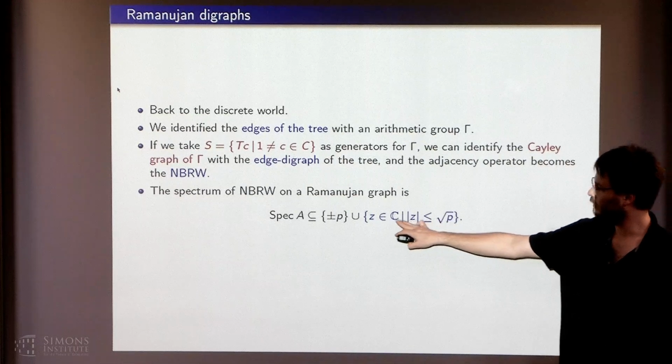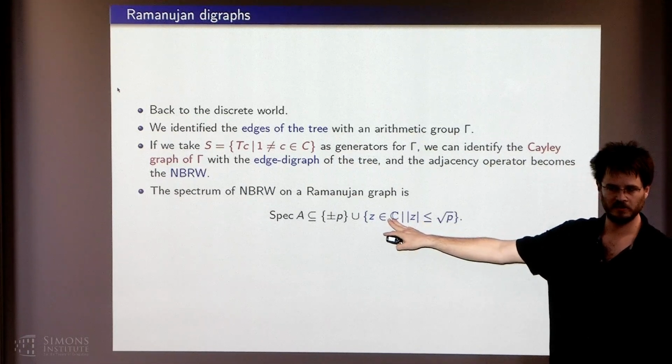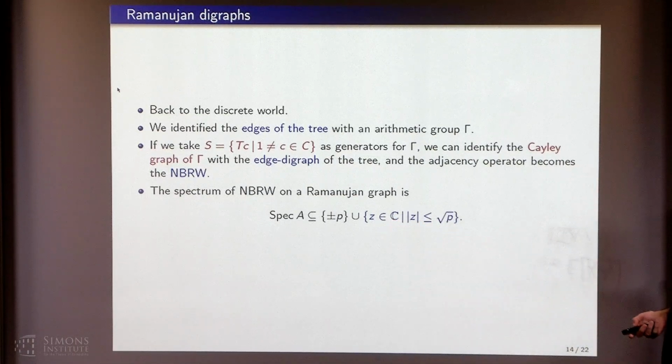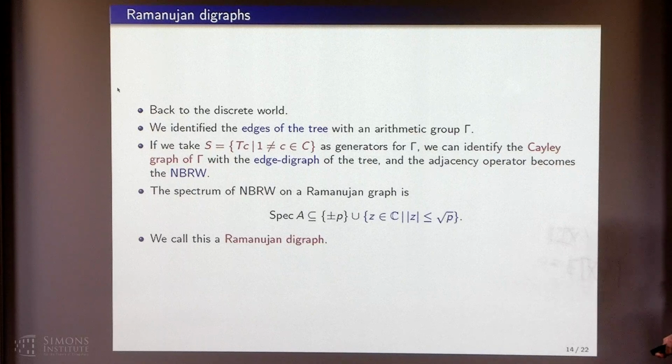And now I have complex eigenvalues because this is not a symmetric operator anymore. And we call a digraph with these properties a Ramanujan digraph. And you'll hear about them, I think, tomorrow from Alex and from Eyal. They appeared in another work we did together.